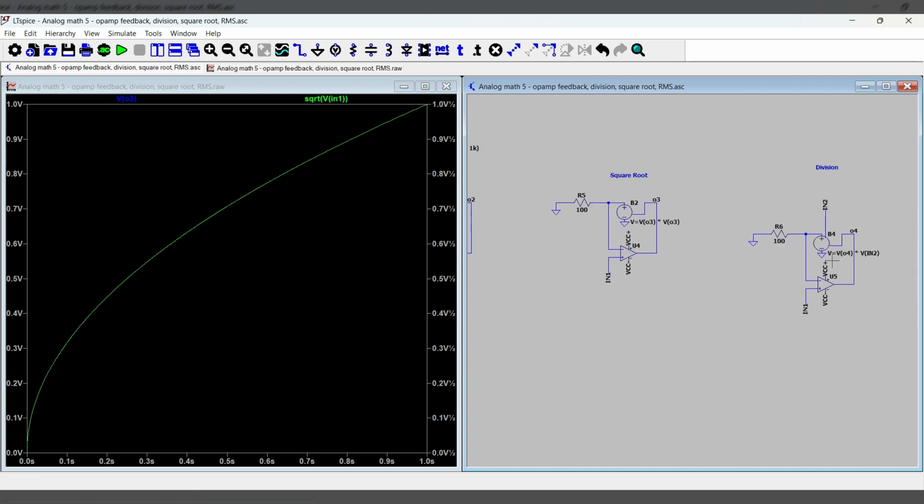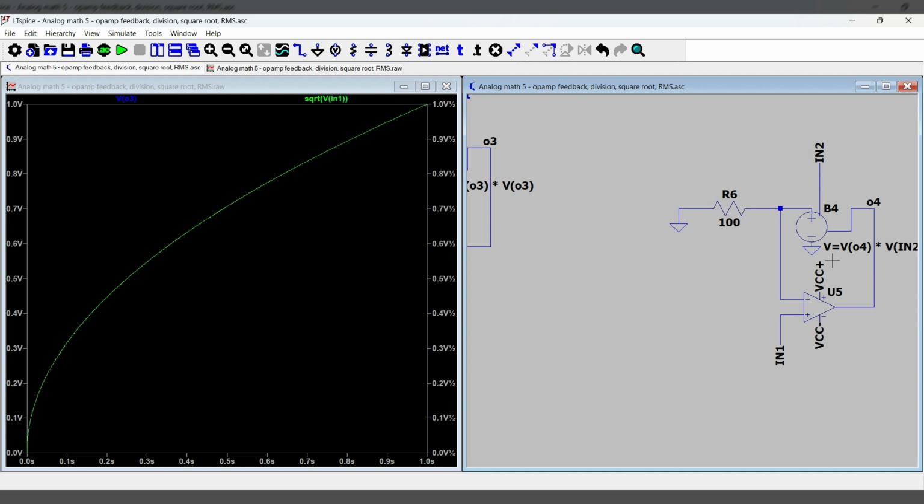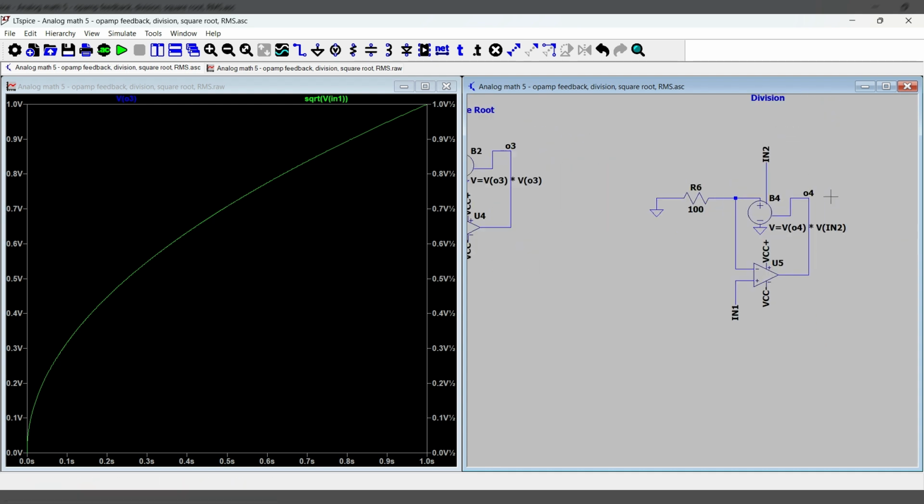Likewise, with division, we can achieve this by basically not tying both inputs of the Gilbert cell in the feedback loop. If we had one voltage fed in from the output of the op-amp, and then another voltage just fed in as an input that we can vary, then we get a division circuit.